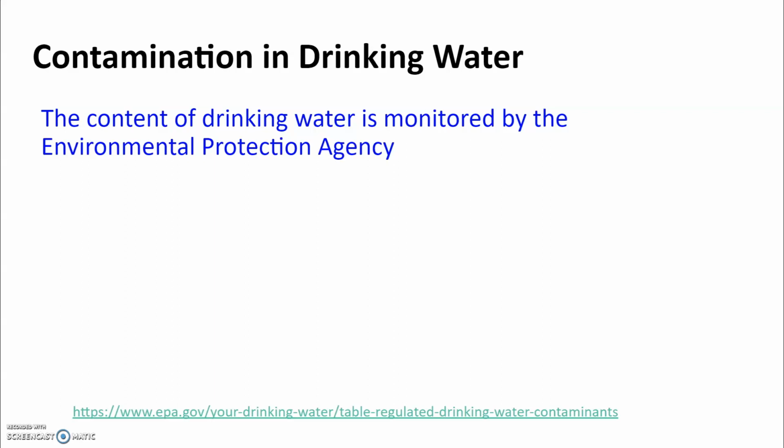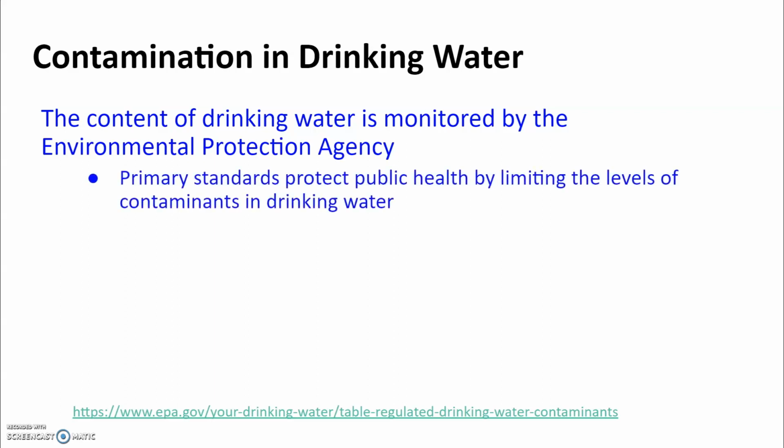Not always convinced that they're doing a great job of that, but at least somebody's out there trying. They also set some standards to protect public health by limiting the levels of contaminants in drinking water. And ideally, these standards are met. There are a lot of instances where they're not met, and that's a serious concern.